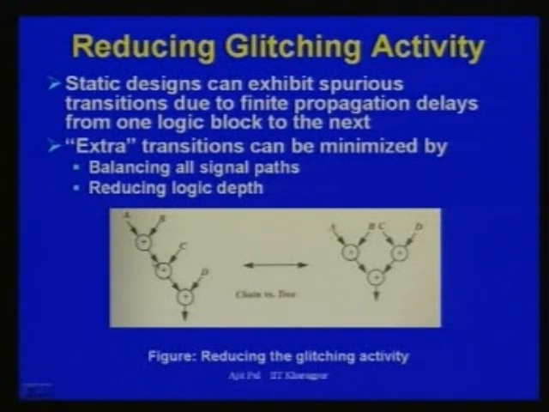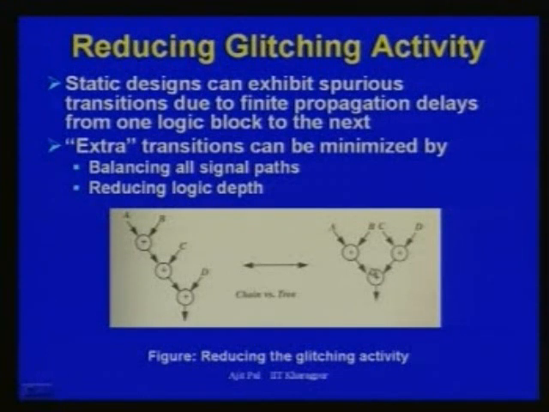this input and this input are reaching at different time instants. So, there will be glitching power dissipation in this gate and in this gate, but here you can see both the inputs are reaching at the same time, so there is no glitching power dissipation.